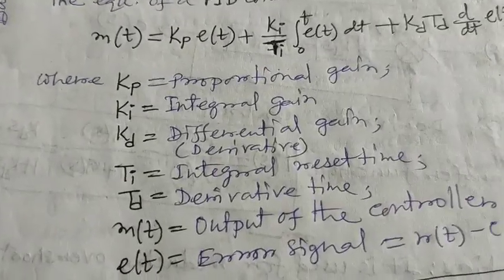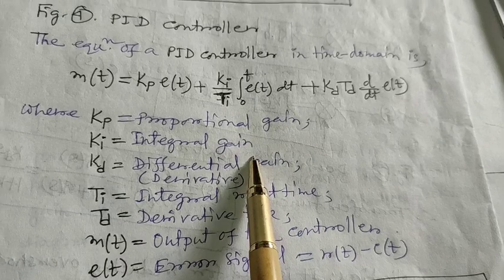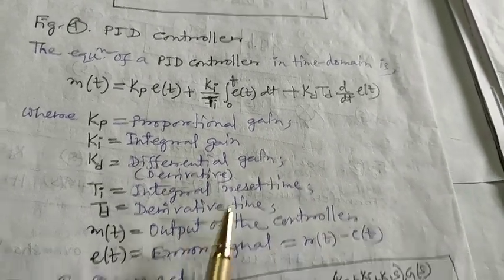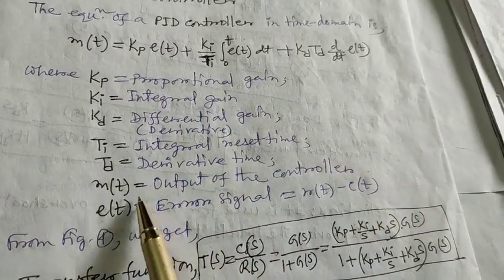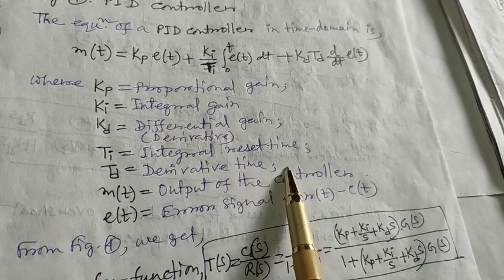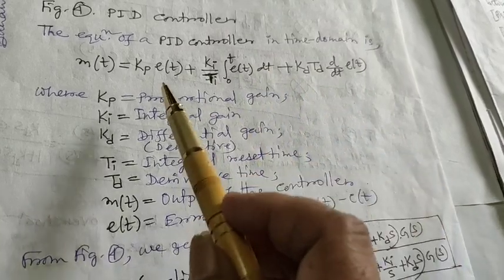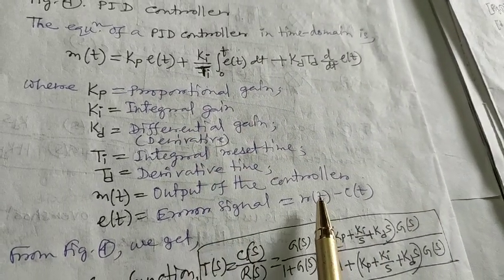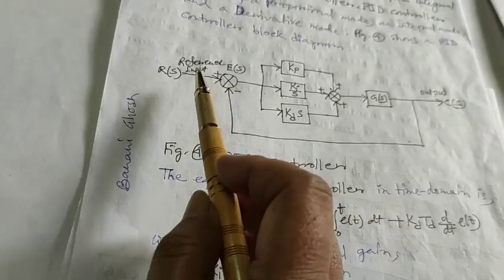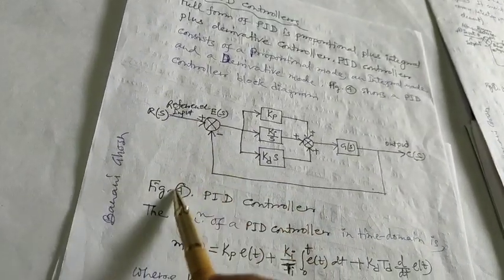Where Kp is the proportional control gain, Ki is the integral control gain, and Kd is the derivative control gain. Ti is the integral reset time and Td is the derivative time. m(t) is the output of the controller and e(t) is the error signal, which we can write as r(t) minus c(t) in the time domain.